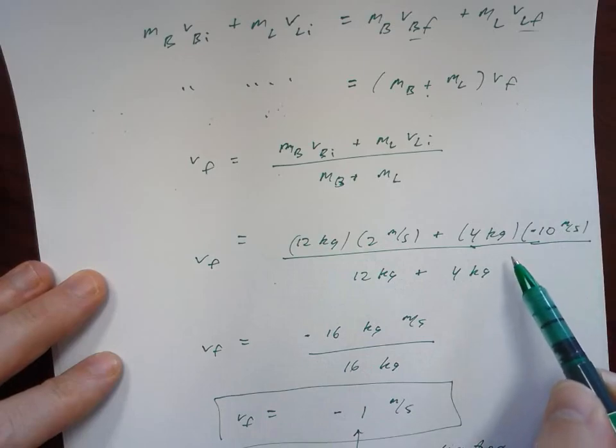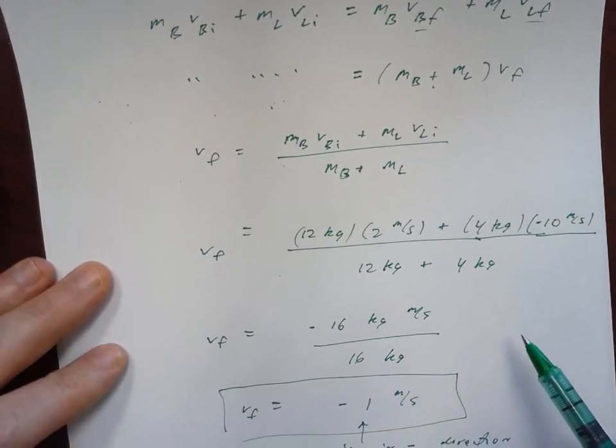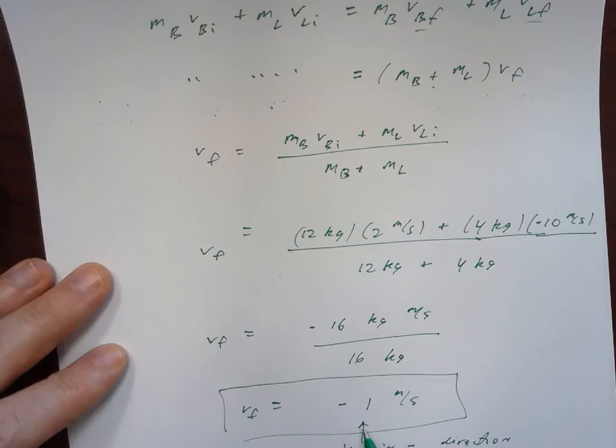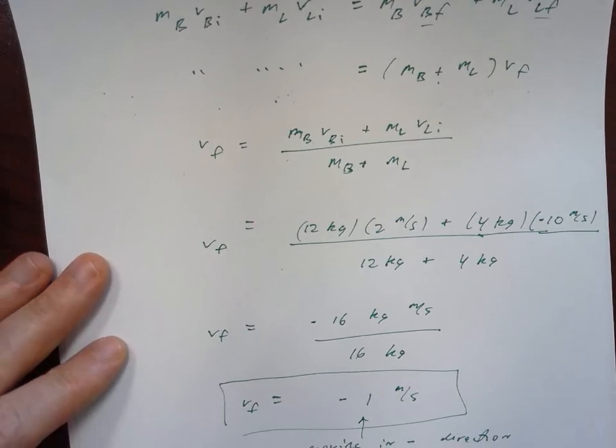So the net effect of that collision was that the total momentum of the two combined was the same in the beginning and the end, but the total momentum is a negative amount, because they're moving in the negative direction. So this was an example of how to use the principle of conservation of momentum in a completely inelastic collision.